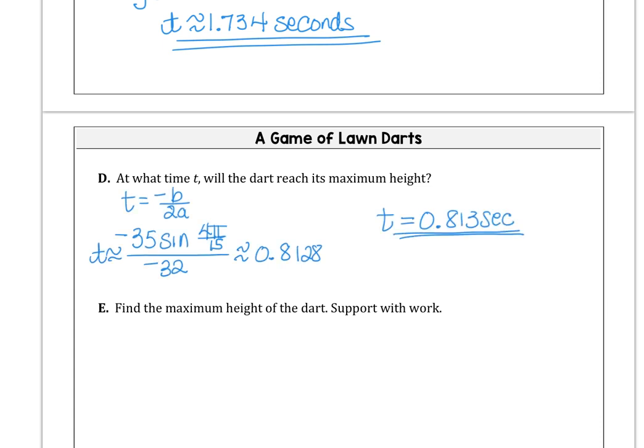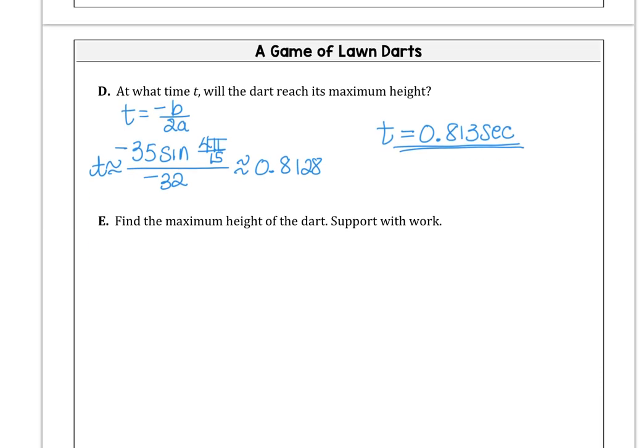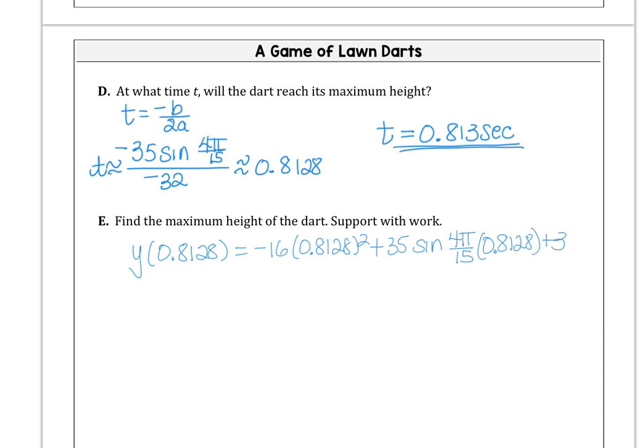And then for part E, to find the maximum height of the dart, we would want to find the y of 0.8128, substituting negative 16 times 0.8128 squared, plus 35 sine 4 pi over 15 times 0.8128 plus 3.